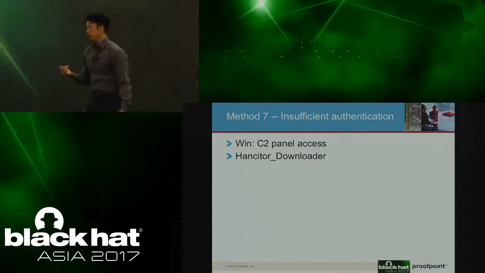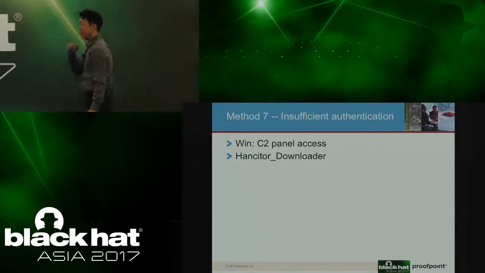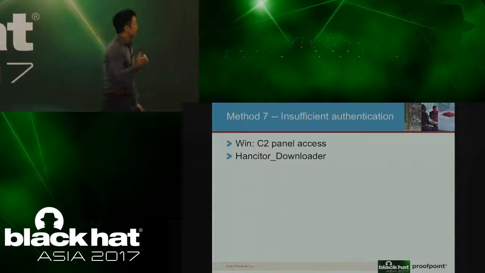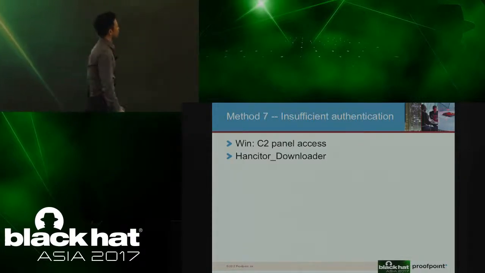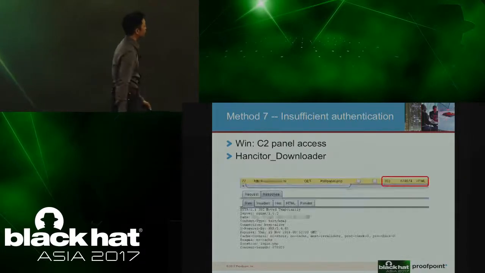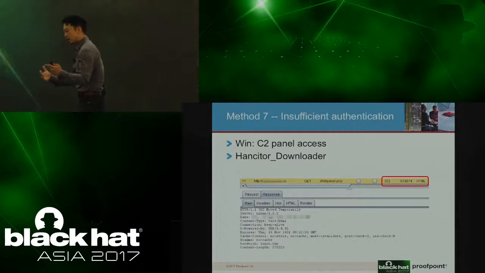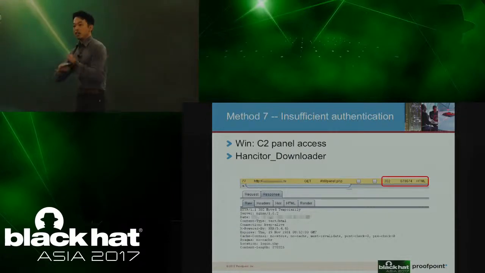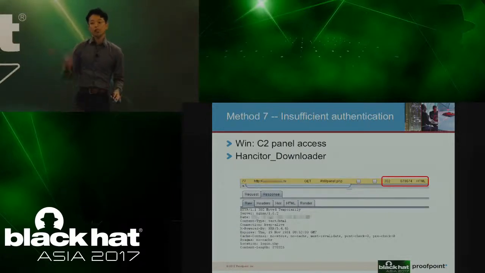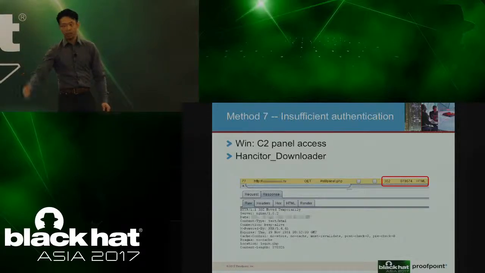One technique that we can look for is insufficient authentication. And for us, it worked against the Handsetter downloader actor. Whenever they're not happy with your password or your IP, they won't authenticate you, right? They'll log you out, or they won't let you log in.